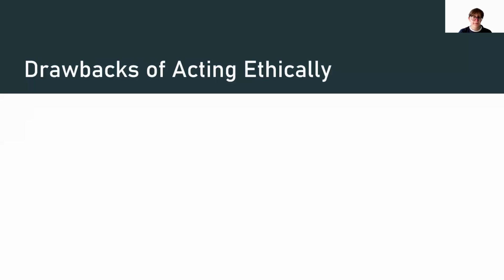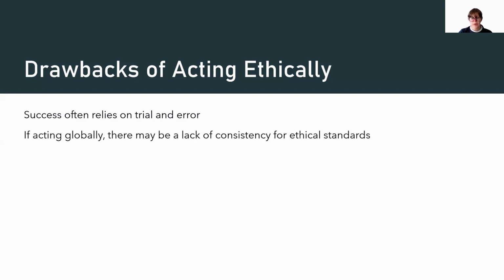Obviously, there's many benefits to acting ethically, but some businesses will also see it as a drawback. And again, there's reasons for and against this. So what are the problems with it? Well, success is often going to rely on a trial and error approach. So if we act globally, there's going to be a lack of consistency of ethical standards.